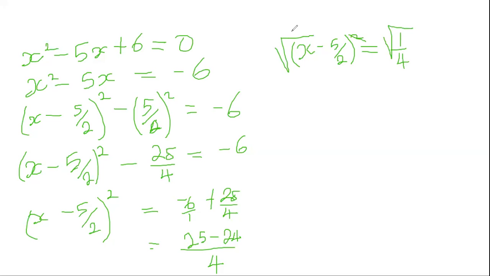So the square dies with the root and we remain with x minus 5 over 2 is equal to plus or minus. What is root of 1? One. Root of 4 is 2.